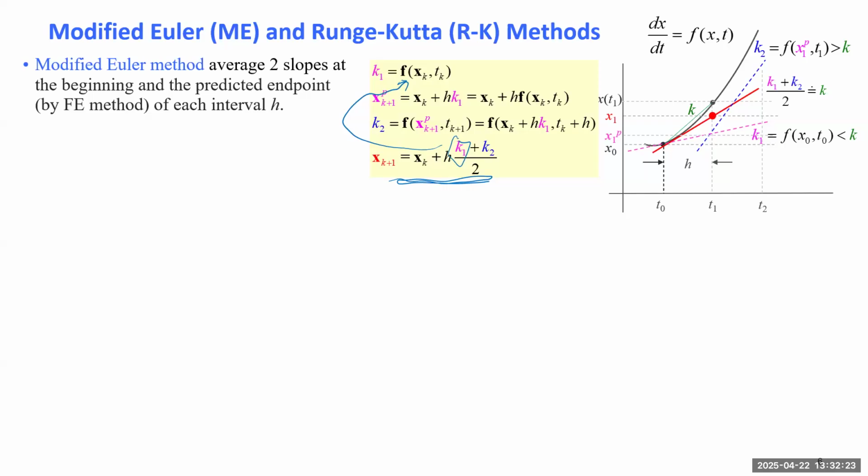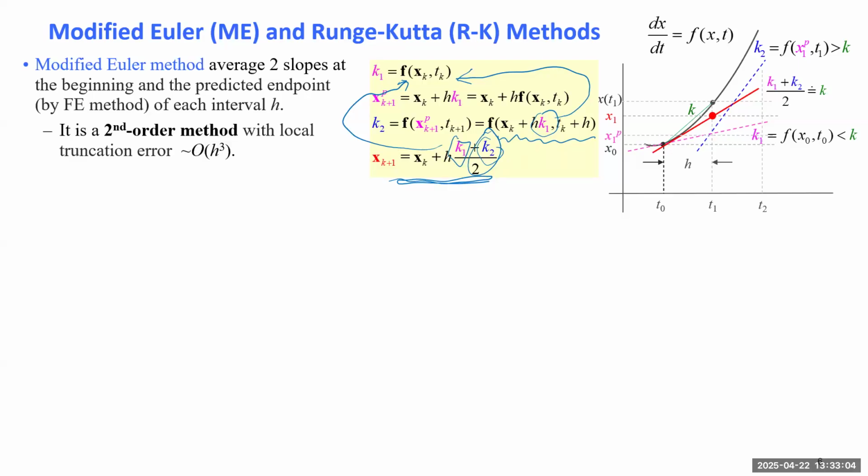K2 comes from here, which seems to also be a first order derivative. But K1 comes from there, which means if I plug K1 into the formula of K2, and then plug into the last formula, there will be a compositional function of F involving another F. Each F is a first order derivative, so K2 is actually equivalent to calculating a second order derivative. So this is a second order method.